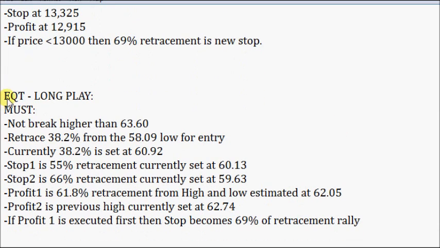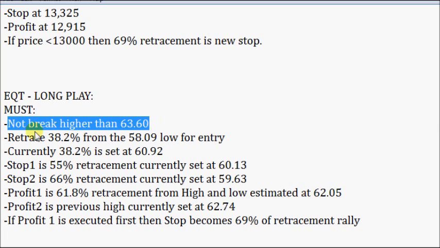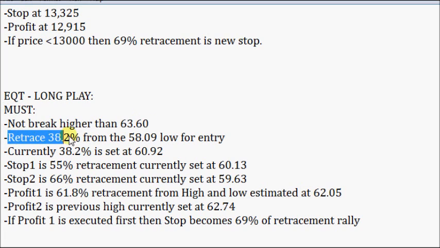EQT. You can take a look at the chart, maybe pause this, look at the chart, then now I'll talk about this. It can't break higher than 63.60. That's a must not. It must not break higher than 63.60. It must retrace 38.2% from the $58.09 low for entry.